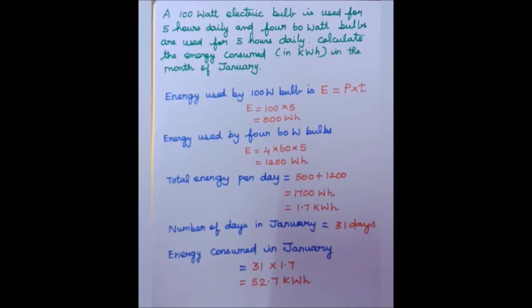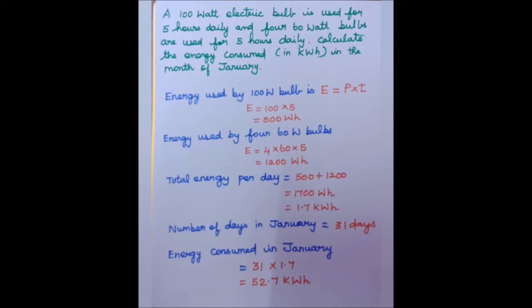First, energy used by the 100 watt bulb. Power is 100 watt, time is 5 hours. Therefore, energy equal to 100 into 5, 500 watt hour.